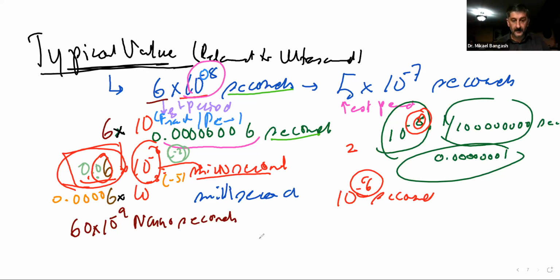So you can say it's going to be 0.06 microseconds. Now this microsecond mainly means 10 raised to the power minus 6 of a second.